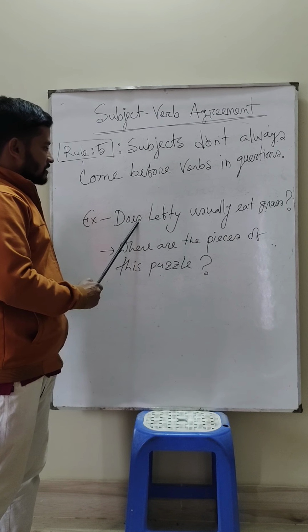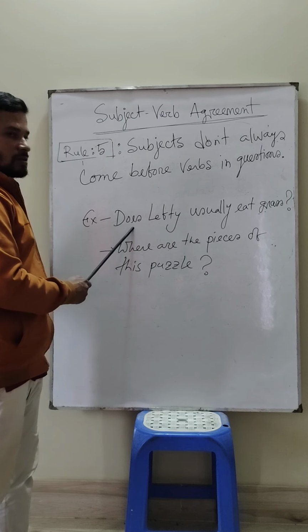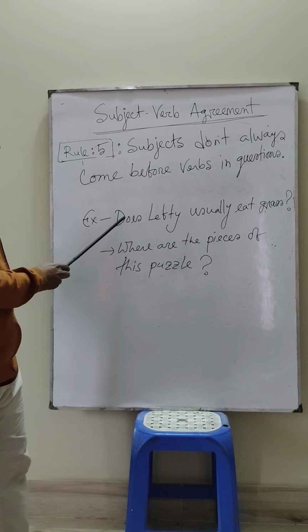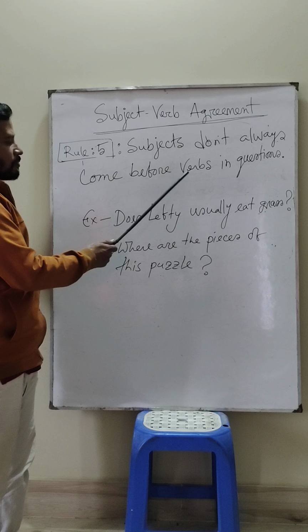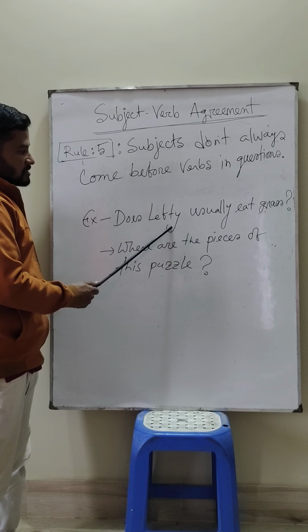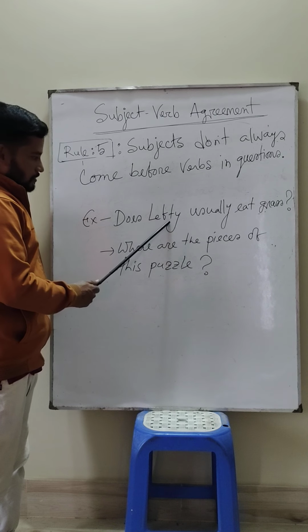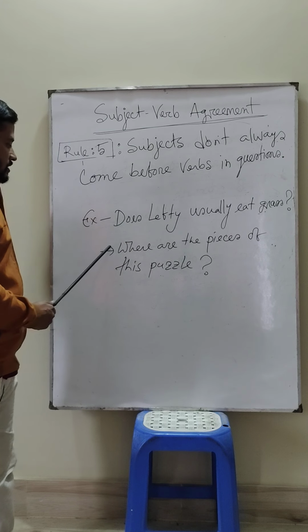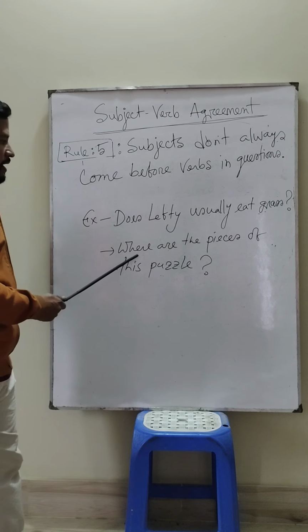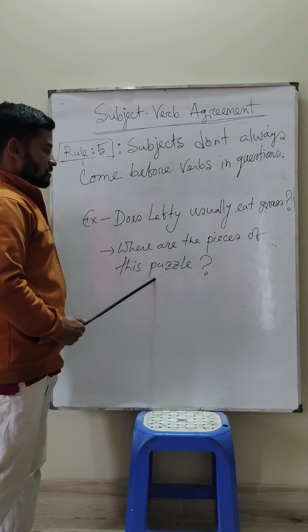Here in the sentence you count it as the verb. The subject does not come before the verb. Next example: Where are the pieces of this puzzle?